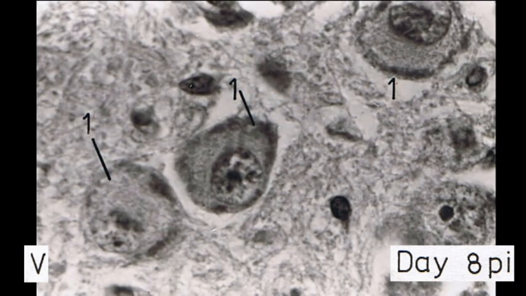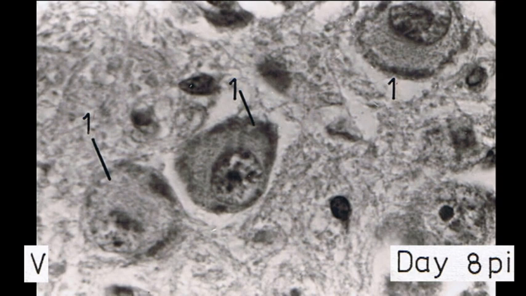In 78B, which is from the medulla oblongata, in the lateral cuneate nucleus, there are pycnotic nuclei of suspect oligodendroglia in the nearby neuropil.